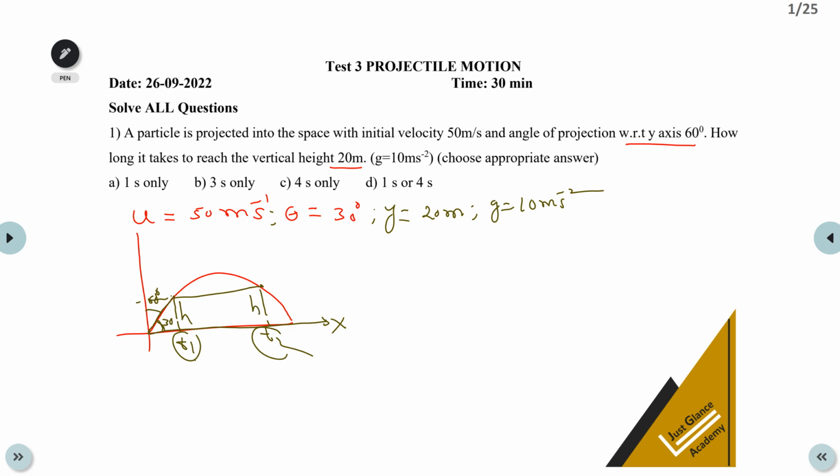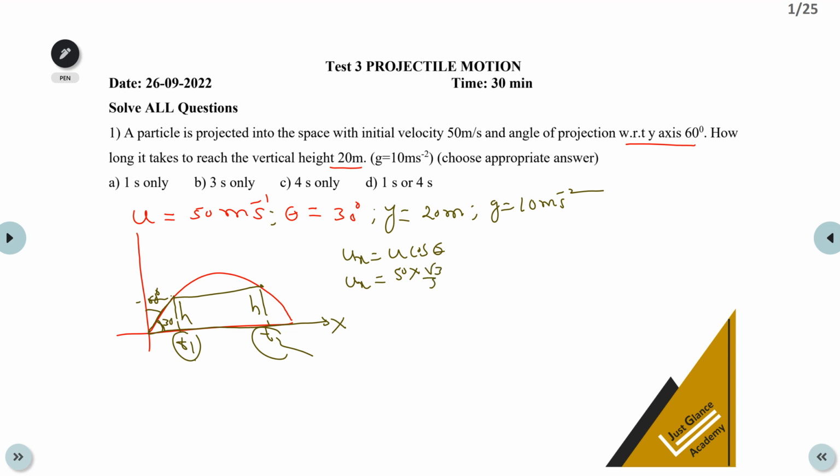Now first we have to find ux. ux equals u cos theta, which is 50 into cos 30.